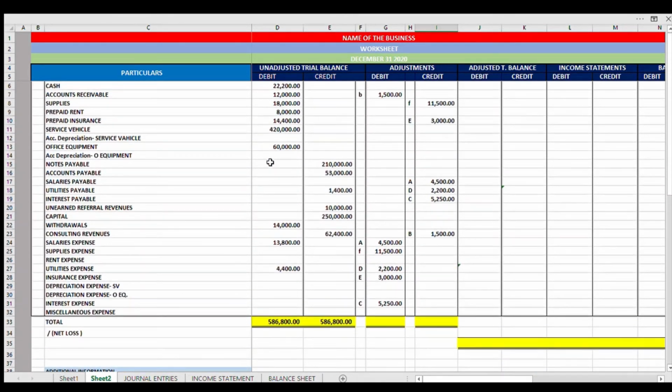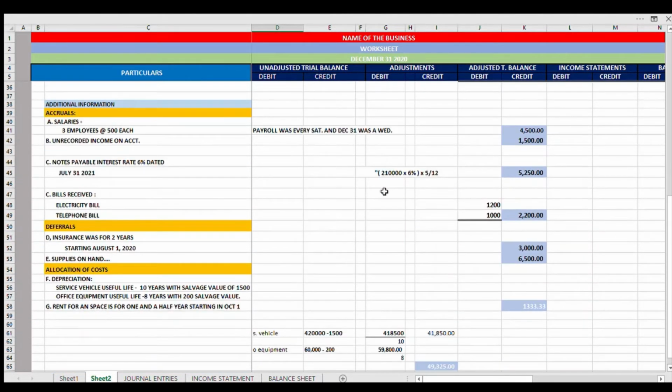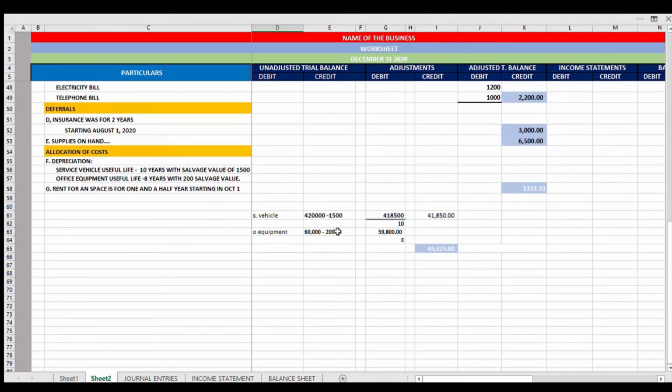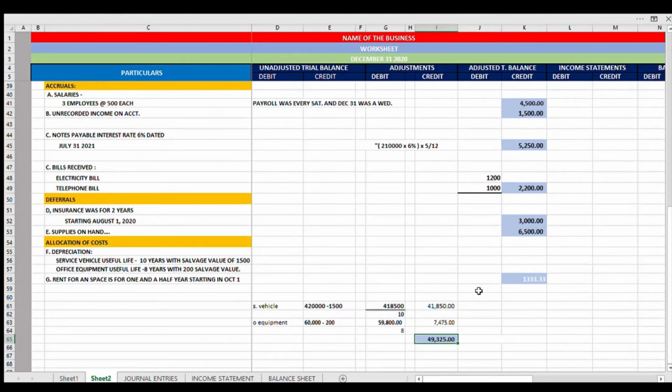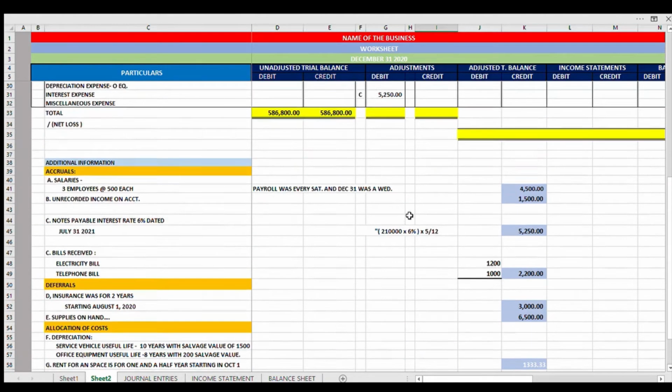So, let's check the office equipment. The office equipment is 60,000. So, 60,000 minus 200 as salvage value. 59,000 divided by 8. So, ang ating balance dyan ay magiging 7,475 for a total of 49,325. So, let's enter this into the worksheet.